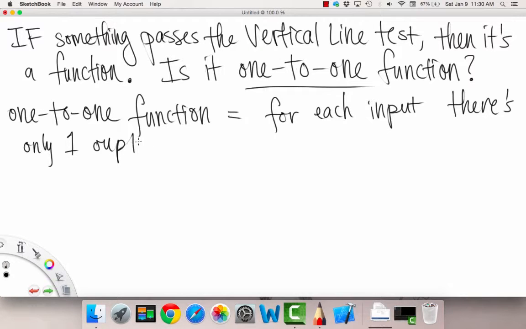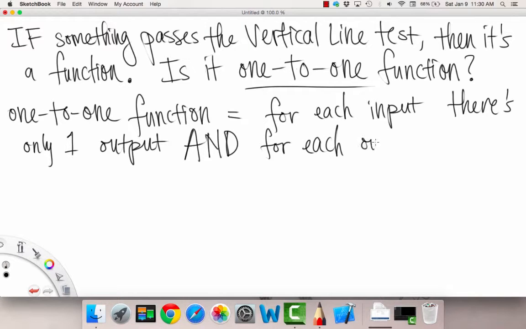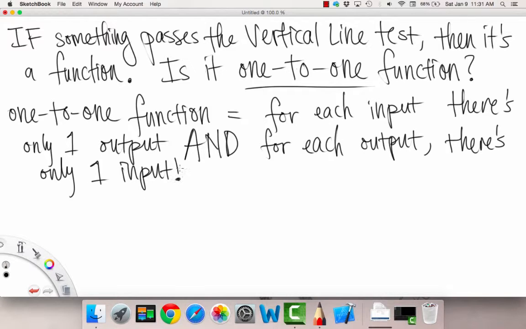And, vice versa, but in the long drawn out way, for each output, there's only one input. Only one input. I'll put an exclamation mark there because we're just so excited about this.